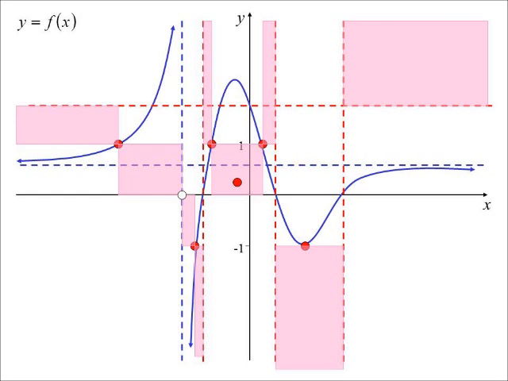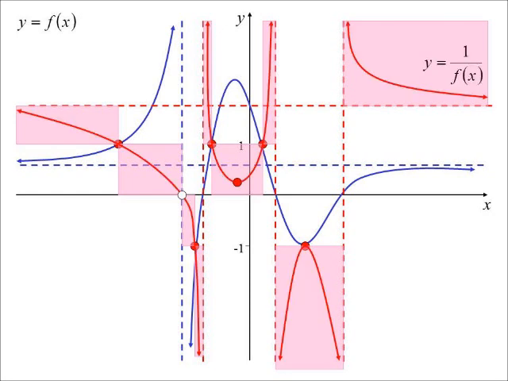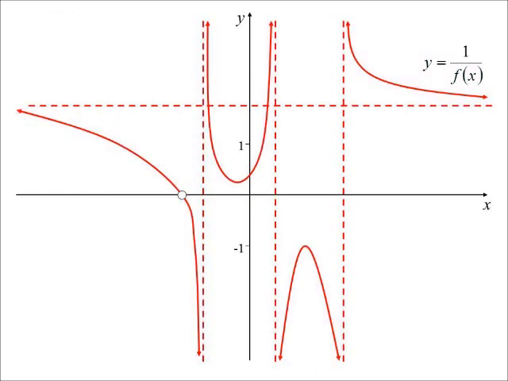It's going to stay there, but the minimum turning point will turn into a maximum turning point, which allows me now to draw the graph. So the red curve there, it goes through all the points that I know, it stays in the regions I know, bends towards the asymptotes, all those sorts of rules we know it has to obey. Let's get rid of everything else, but there is our graph of our reciprocal curve.